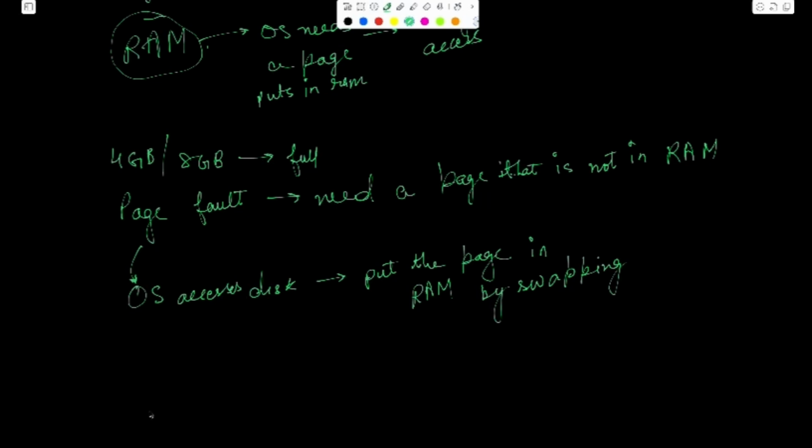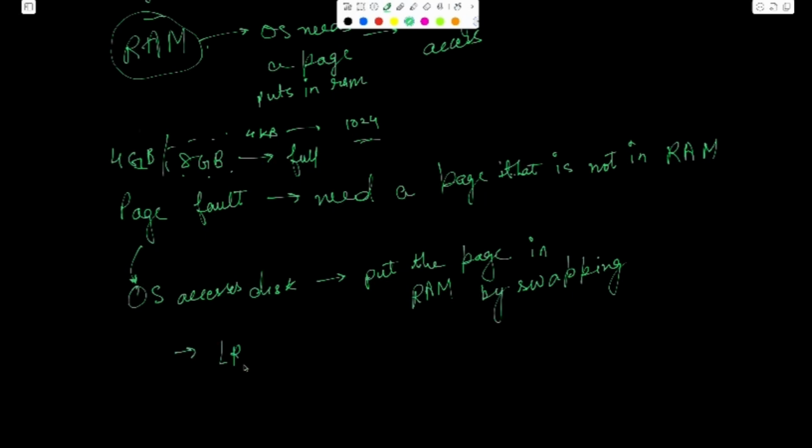Now, how does the OS choose which page among the entire RAM it needs to swap? Since you have an 8 GB RAM and a 4 KB page size, you would have a huge number of pages. How are you supposed to know which page to swap? So there are many methods.